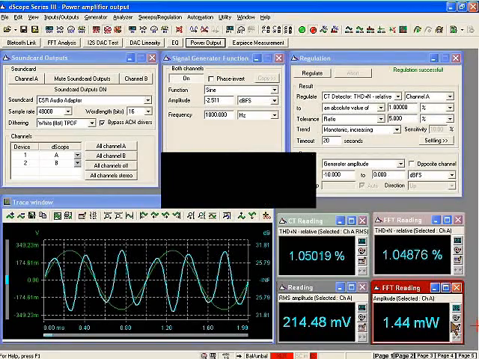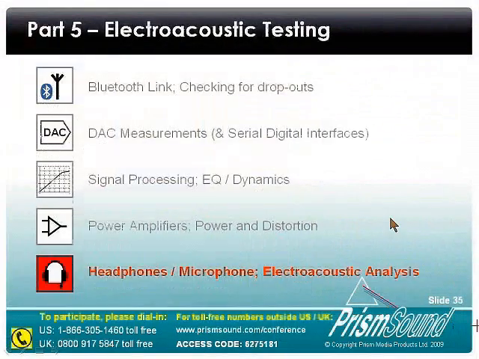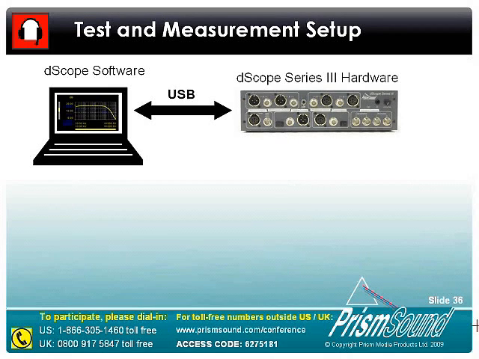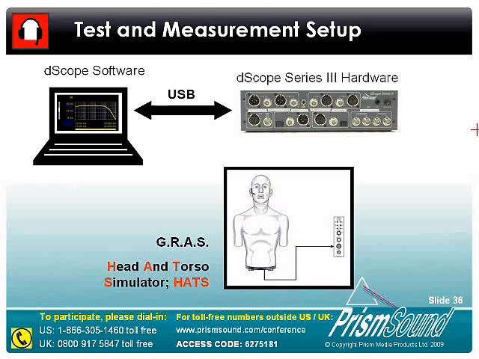So moving back to my slideshow here, I'm going to go through the last practical demonstration now, and this is going to involve taking a look at the electroacoustic components of the Bluetooth headset system. And just to explain a typical setup for this kind of measurement, we would use something like a Grass head and torso simulator.